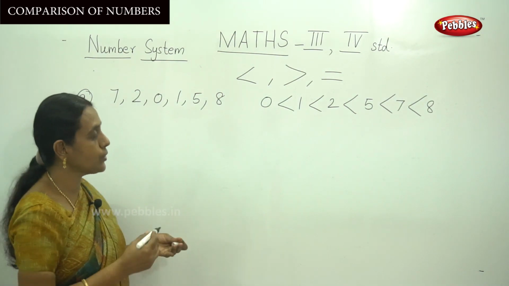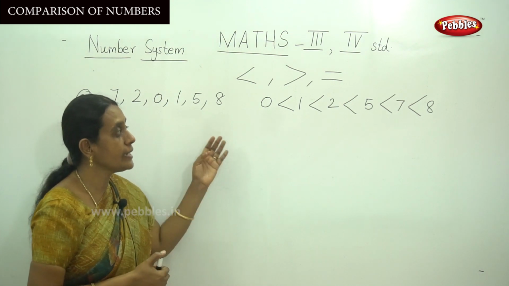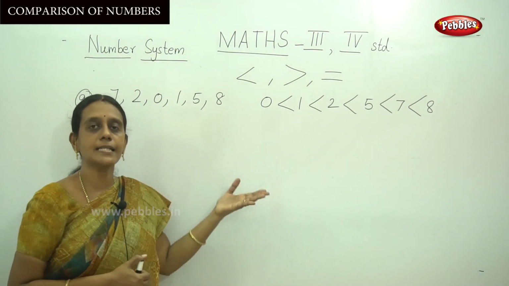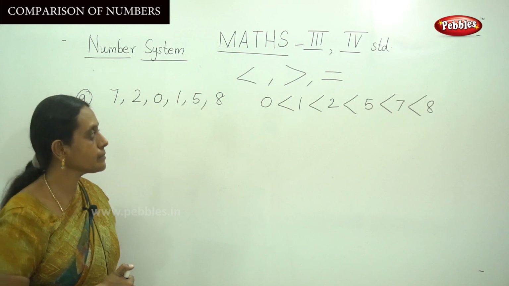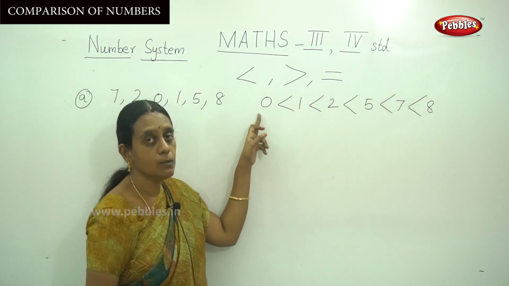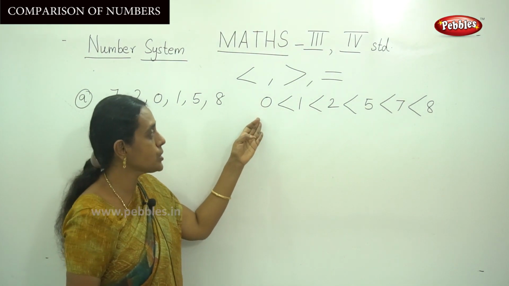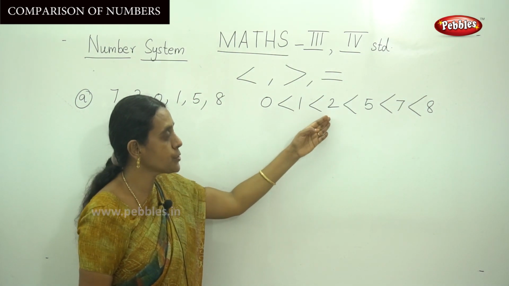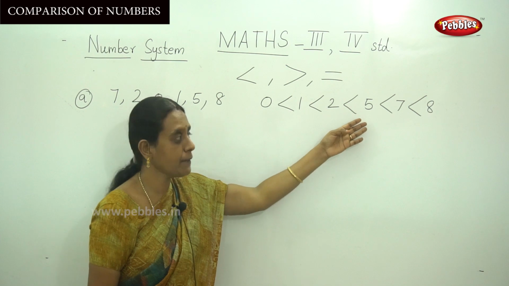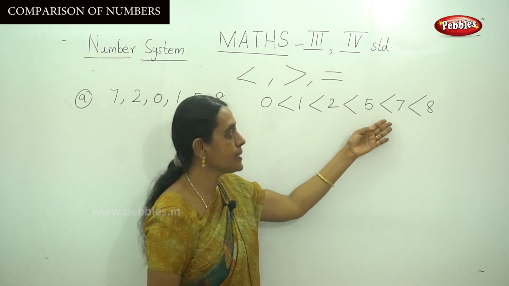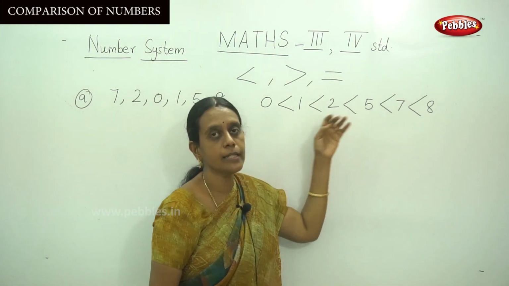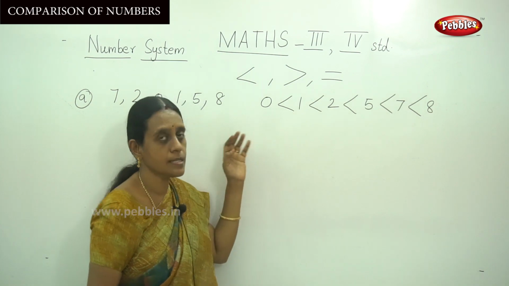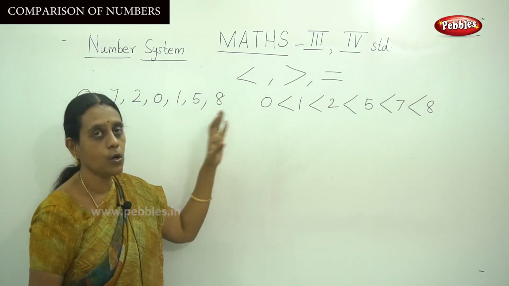This is the increasing order, that is ascending order. Depending upon its value, 0 is smaller than 1, 1 is smaller than 2, 2 is smaller than 5, 5 is smaller than 7, and 7 is smaller than 8. Okay, it mentions the increasing order.